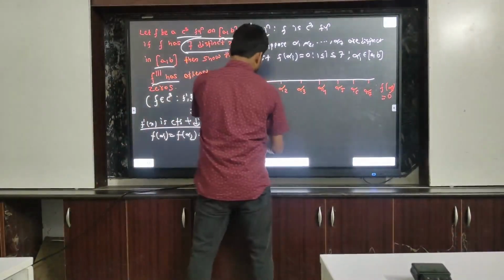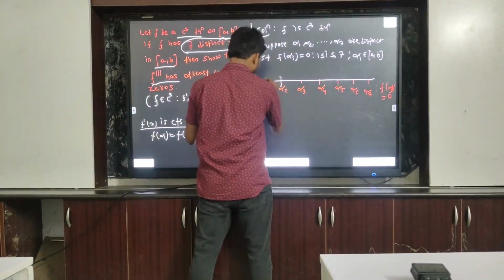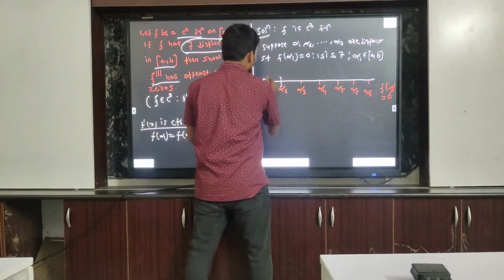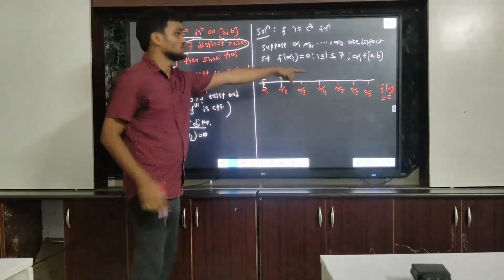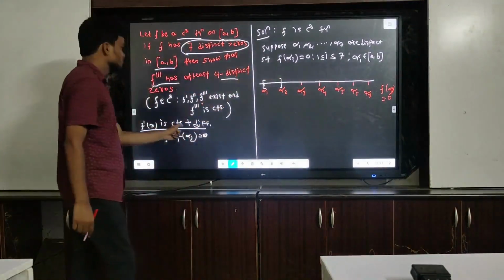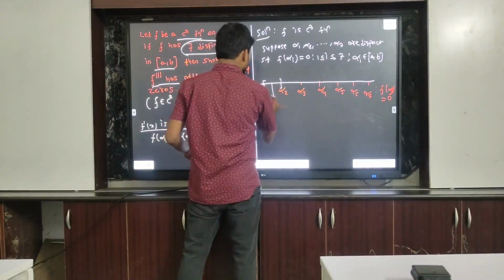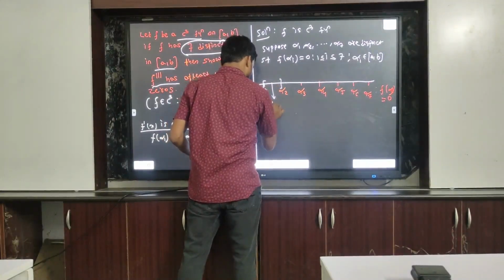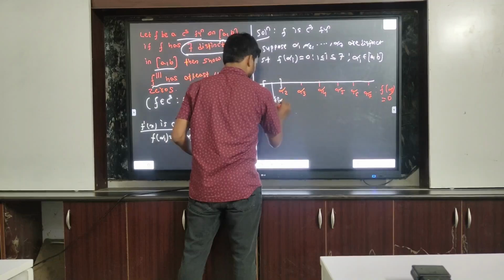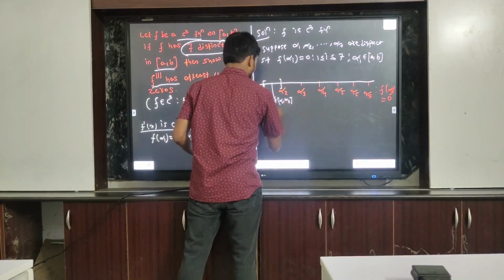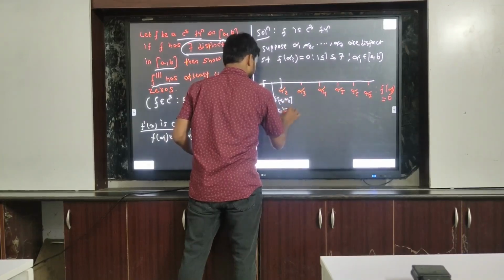If we consider this as your interval, at the endpoints the function value is the same, equal to 0, and the function is continuous and differentiable. That means by Rolle's theorem there exists C1 belonging to this interval such that f dash C1 is equal to 0.